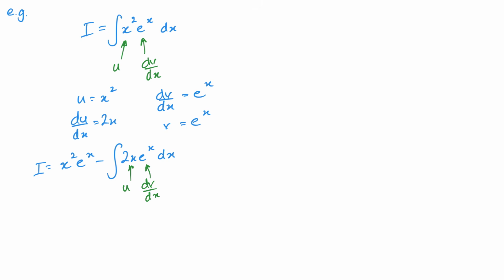So what we've got here is that u is 2x, so du by dx is 2, dv by dx is e to the x, which we know stays the same when we integrate. So now my I has become x squared e to the x, that's still there, minus, and I'm just going to open brackets for where I'm dealing with this integration.